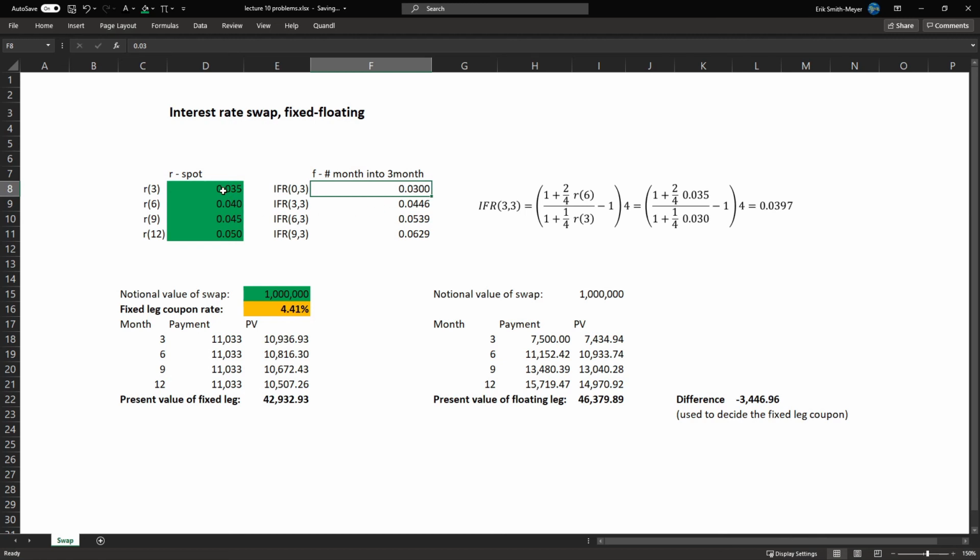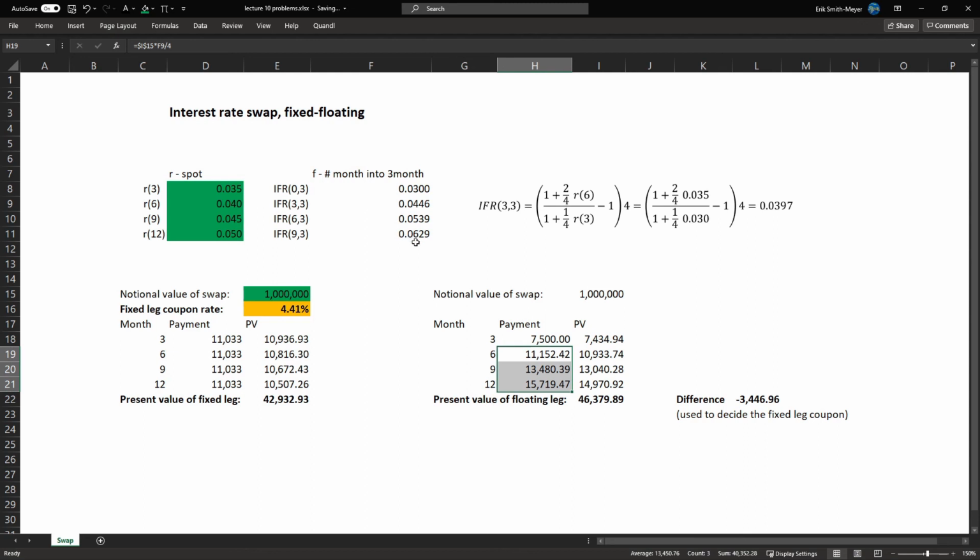But let's say the spot rates shifted upwards by 50 basis points, which means that the interest payments for the floating leg, which had not been set yet, the expected payments, are just shifting upwards with the implied forward curve. You see the implied forward curve shifted upwards as well.